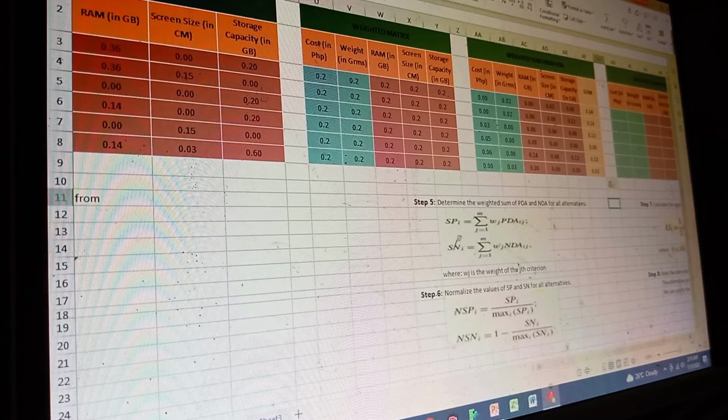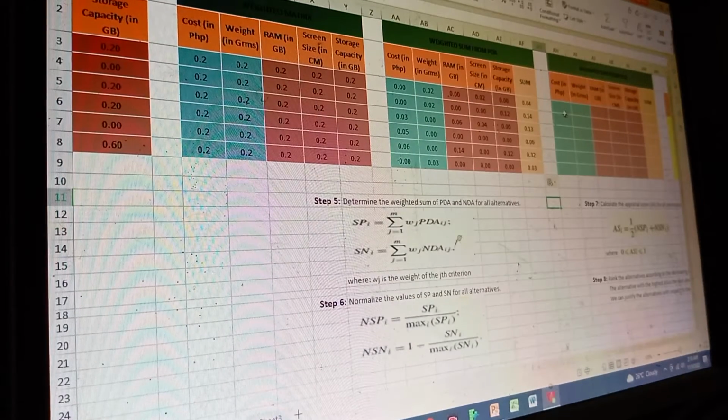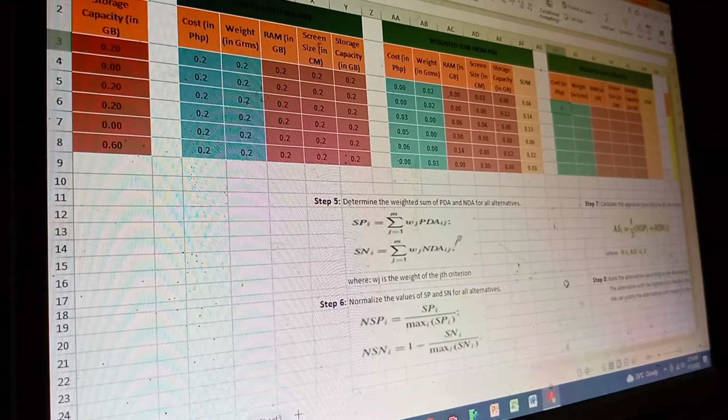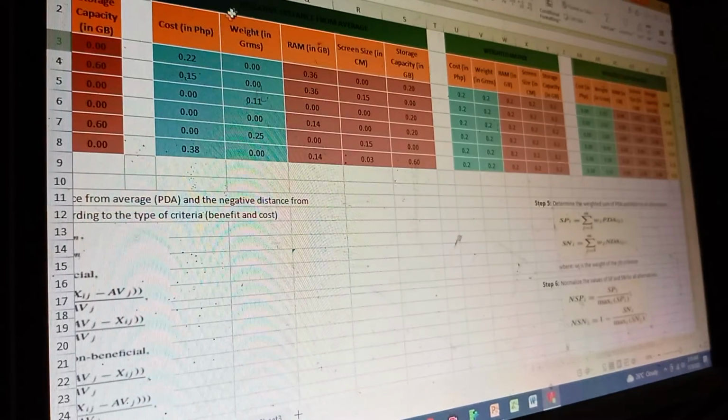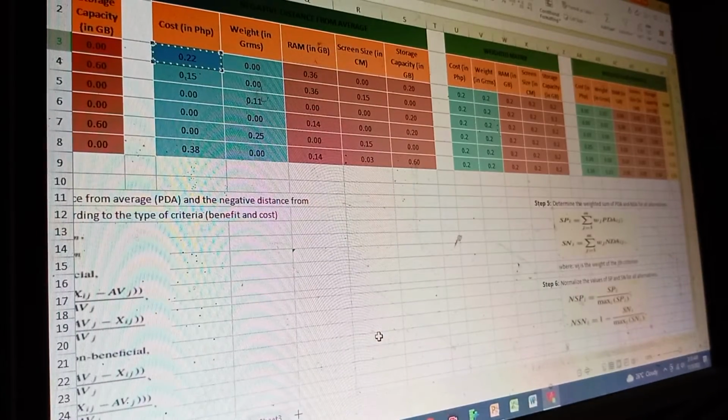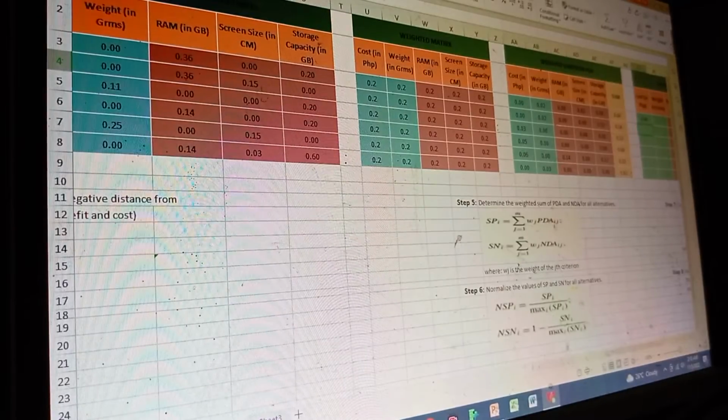So we'll go to the weighted sum from negative DA, or the negative distance average. It would be equals the negative here. This is the negative distance from average times the weighted, which is equal to 0.04. So drag the blue cell, then down.